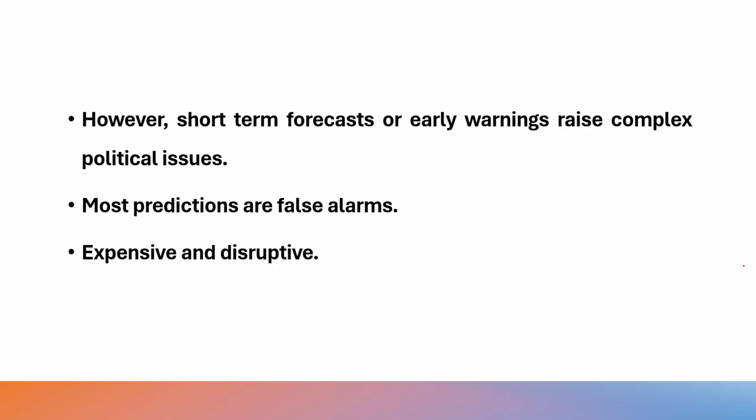So as I said, however, short-term forecast or early warnings raise complex political issues. The problem with this is that nobody can for sure say when an earthquake is going to strike. But if seismologists are seeing a lot of these evidences, like maybe radon gas concentration has increased, maybe the ground level has increased, anything, and they inform the higher authorities that this area might experience an earthquake in the near future, so please do the necessary things.